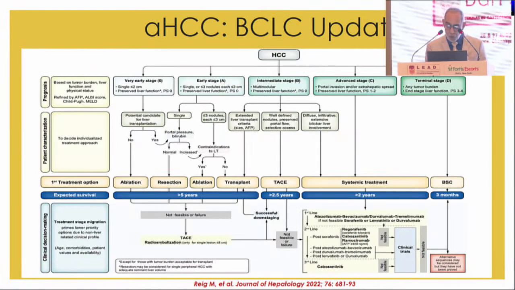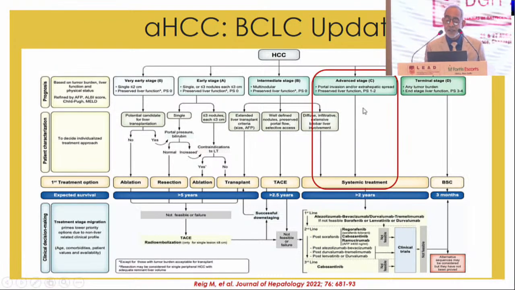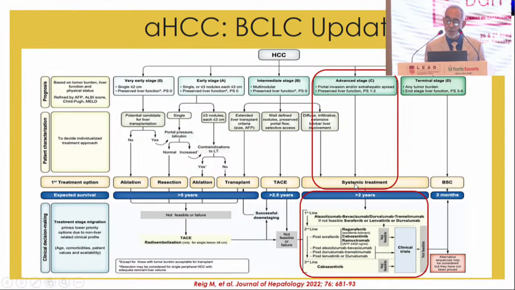Now, as we all know, we have just heard and seen this updated BCLC algorithm, which says advanced HCC is those with portal vein invasion and extrahepatic spread, which merit systemic therapy. Median survival and the systemic therapy options are listed in this algorithm, and they are available to all of us.